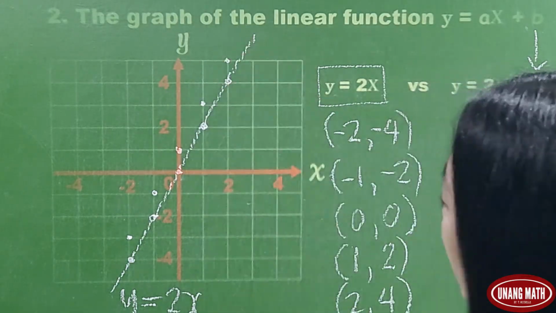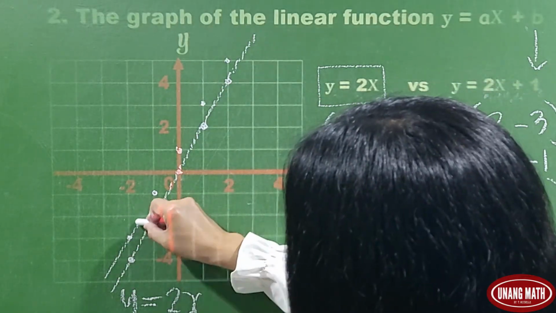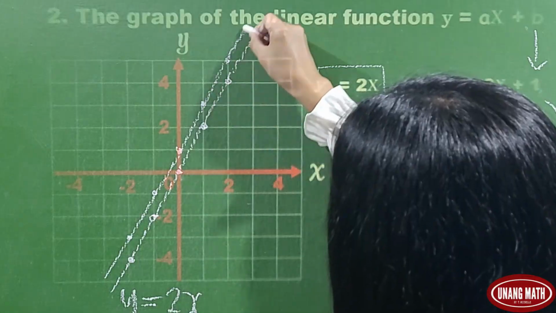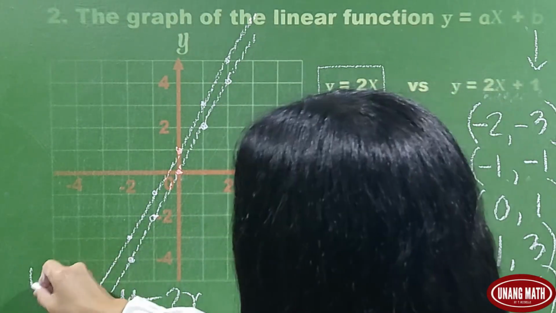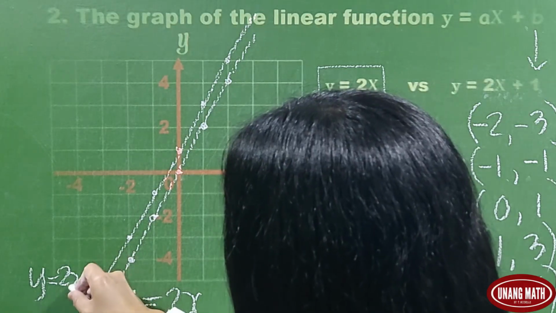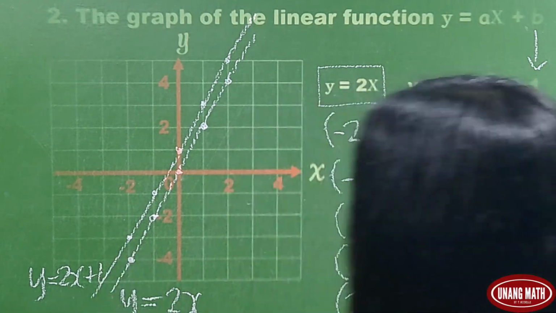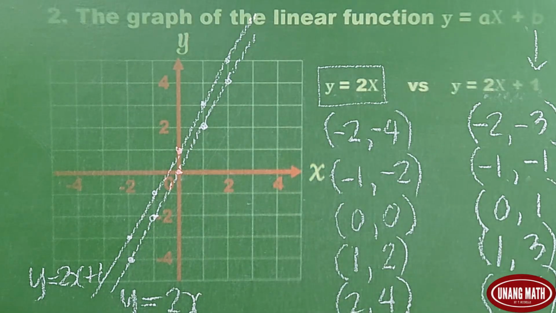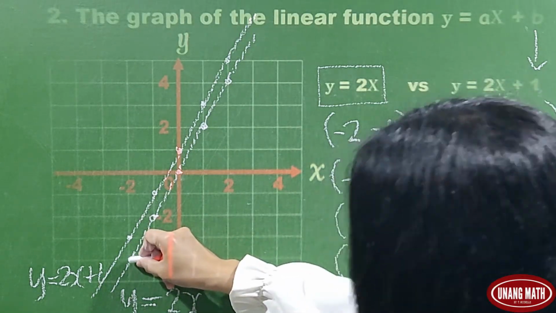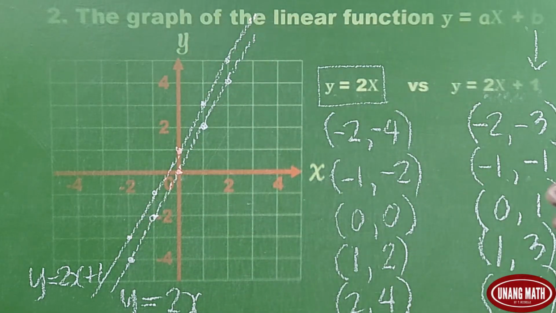Okay, this point. And if we are going to connect these points, then this is now the graph of y is equal to 2x plus 1. And if you're going to observe this one, okay, it just moved vertically.